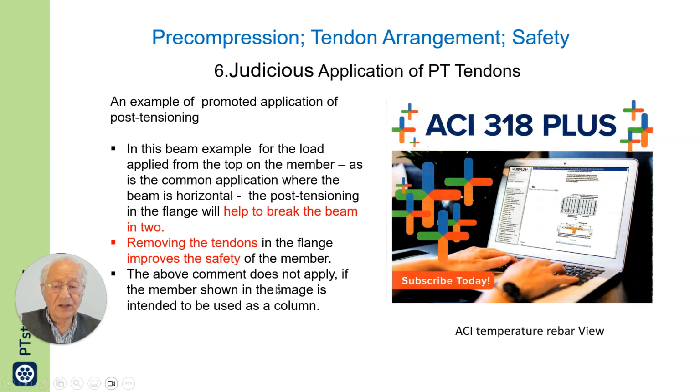The above comment does not apply if the member shown in the image is intended to be used as a column. Yeah, if this member is used as a column, it is okay, but not if it is used as a beam.